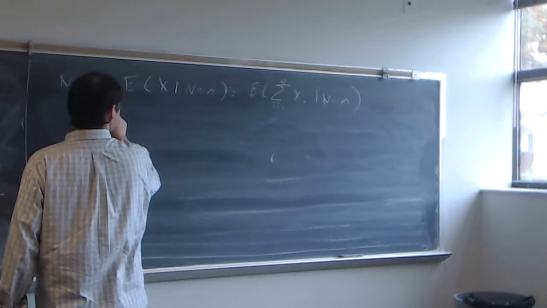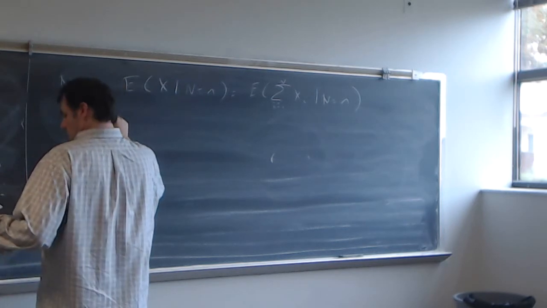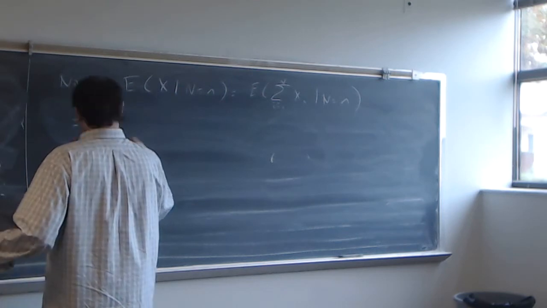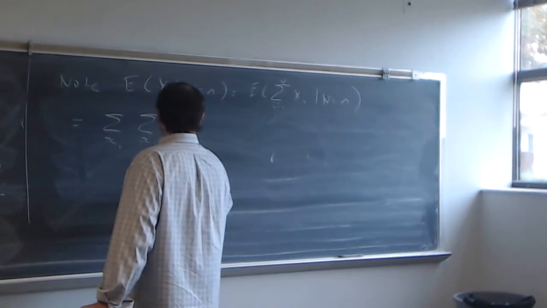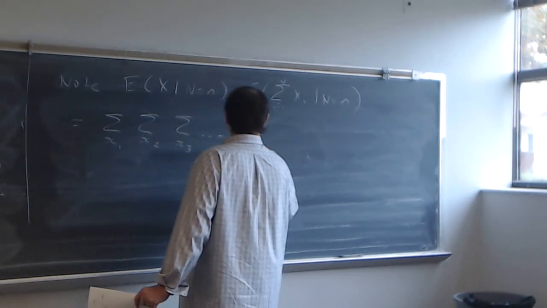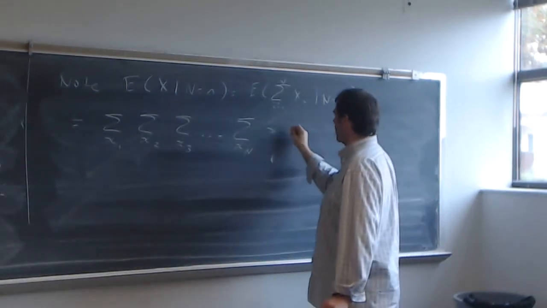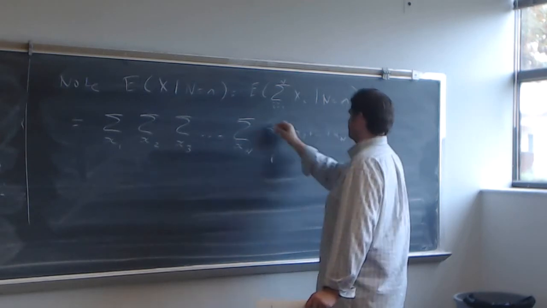So this would be equal to the sum over X sub 1, sum over X sub 2, sum over X sub 3, sum over X sub n, of X sub 1 plus X sub 2 plus all the way up to X sub n.